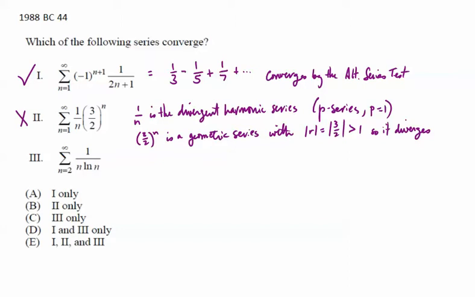So we need to set up an integral here, and we would have 1 over x to the ln of x, and we want to go from 2 to b, setting this up as an improper integral, limit as b goes to infinity.